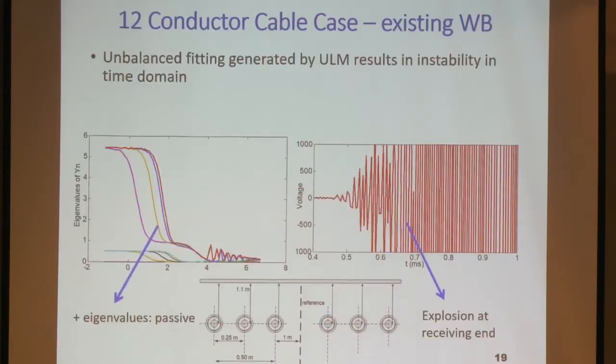Here, another example, I have 12 conductors. With universal line model, unfortunately, if you have 6 cables or more, because of all these dynamics that I mentioned, you will end up with some problems. So right now it's not a problem. Here I see that the eigenvalues of the nodal admittance matrix are all positive. What does it mean?